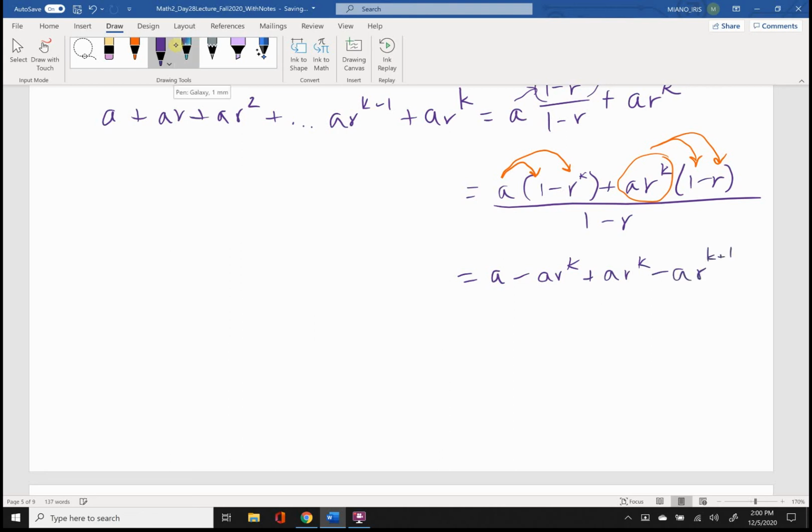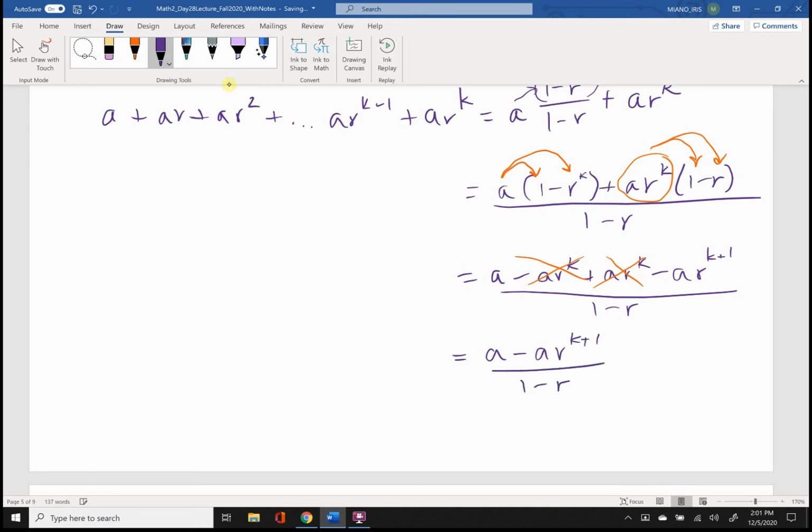Because it'll be ar to the k times r, the r being to the first power, so I can add those exponents together. Check out what's happening with these two middle terms. They cancel each other out. Fun, right? Oh, sorry, I forgot to mention that this is still all over 1 minus r. And now I'm left with a minus ar to the k plus 1 all over 1 minus r.